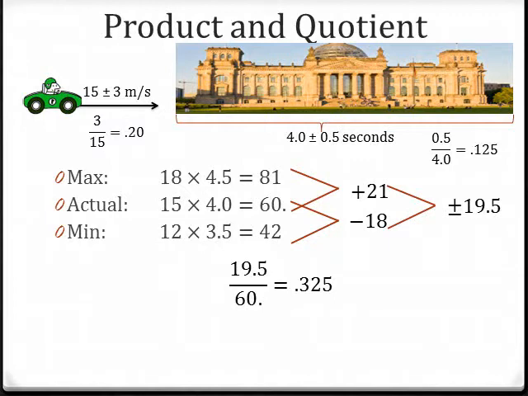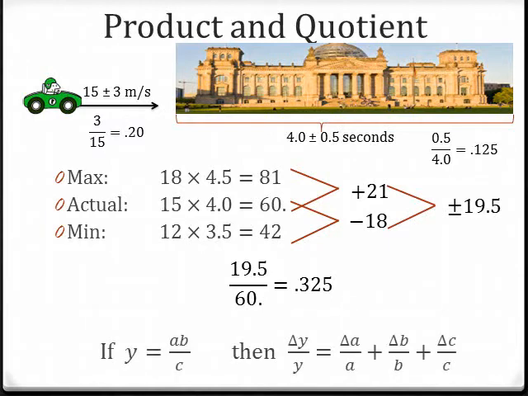So our rule for both product and quotient is as follows. If we have a quantity y that was calculated by either multiplying two values together or dividing two values together, they're trying to show both rules in one, then what you do is you take the uncertainty of the final value.